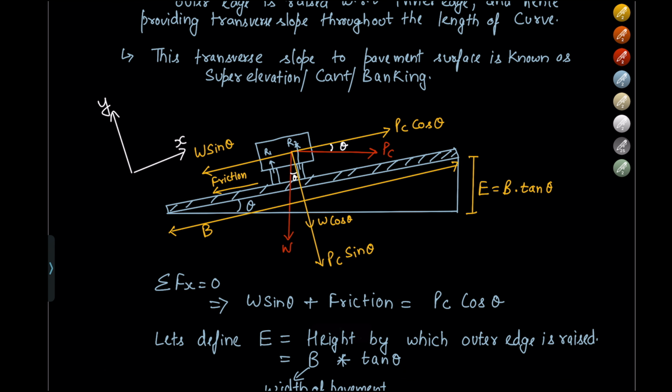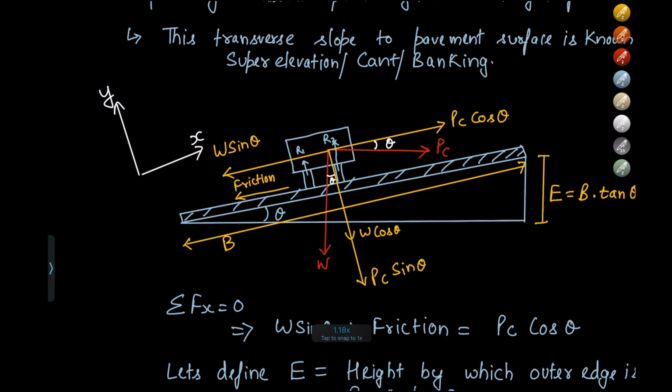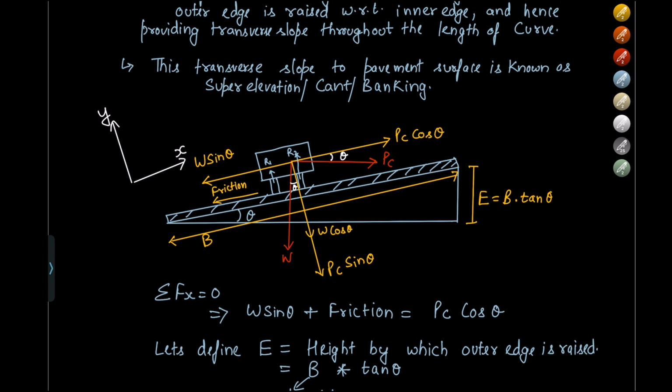So Pc will have two components, one is Pc cos theta, and one would be acting perpendicular to the road surface, which would be Pc sin theta. W will also be resolved into two components. One would be W cos theta and another one would be W sin theta. The one closer to the angle theta would be W cos theta, and the one opposite from that would be W sin theta. Another force acting on the vehicle is friction.